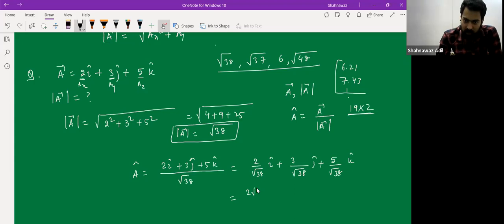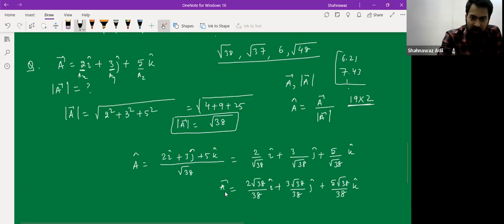So this would be 2 root 38 by 38, this would be 3 root 38 by 38, and this would be 5 root 38 by 38. Right, so this would be how much?